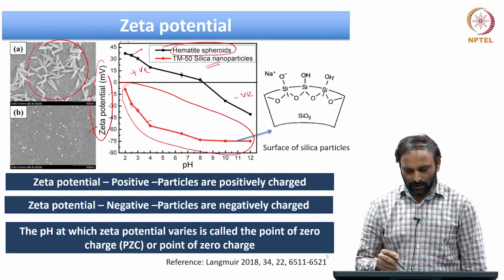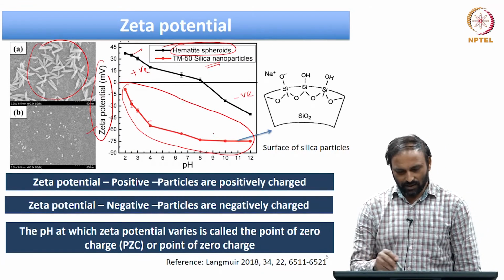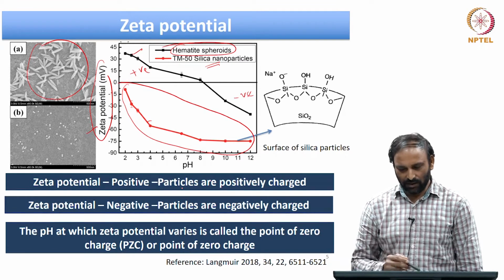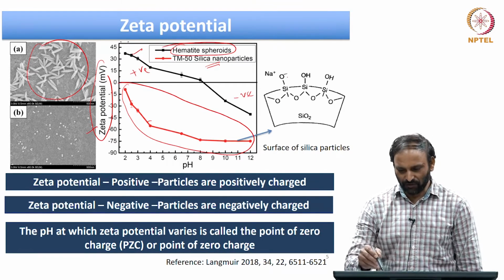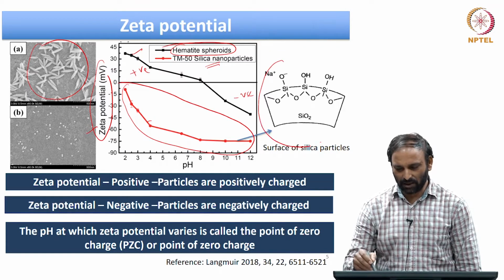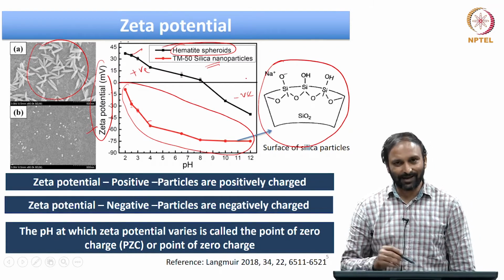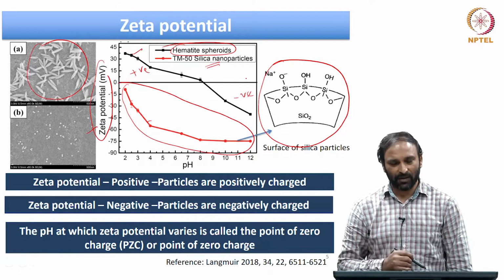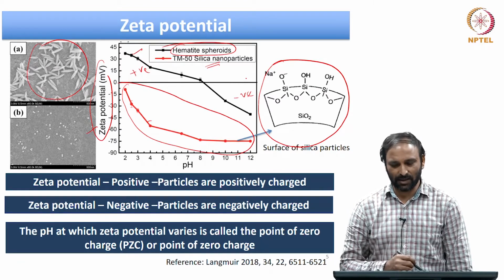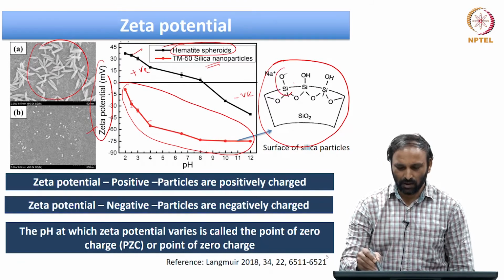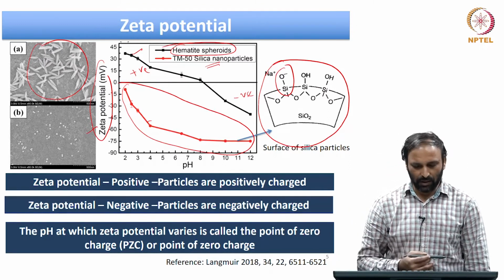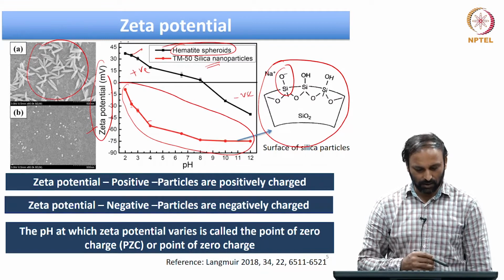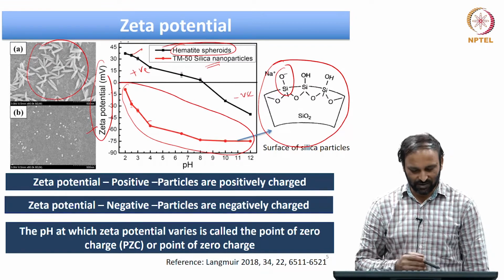And the reason why the silica surface has a negative zeta potential is because of the surface chemistry of the particle itself. There are silanol groups on the surface of silica particles, and the dissociation essentially leads to SiO minus groups on the particle surface, which leads the particle to have a negative charge on the surface.